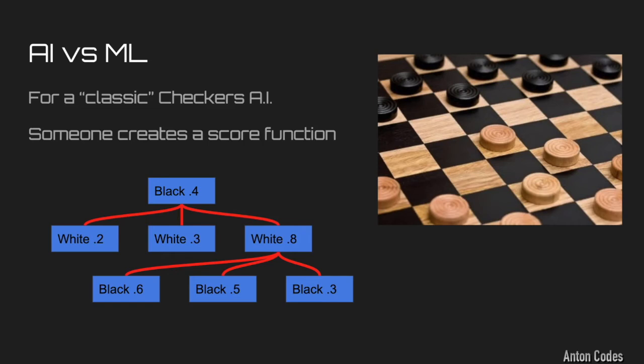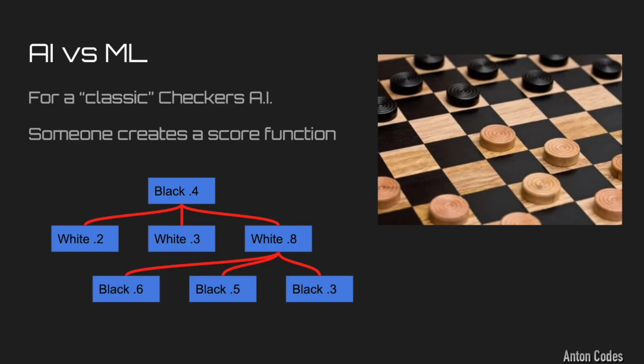Now, how does it tell how to optimize the board? Well, someone creates some scoring function. So in this case, this scoring function might be the probability of winning, or the chance of taking another piece.